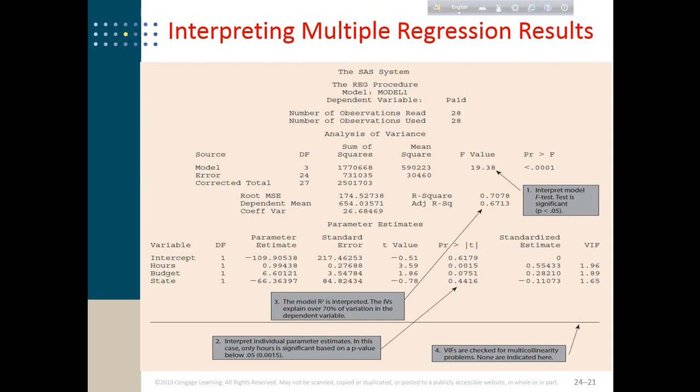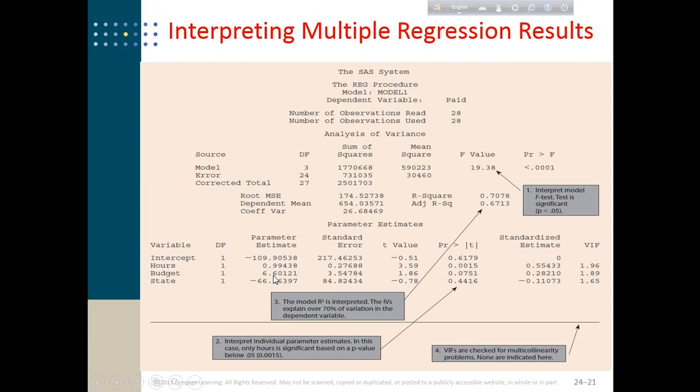Okay, so next values we should look at are the coefficients of the variables. For example, here we have three variables: hours, budget, and state. We have coefficients 0.99, 6.6, minus 66. So first of all, you should look at the sign of the coefficient. Is it positive or negative? For example, hours and budget have a positive coefficient.